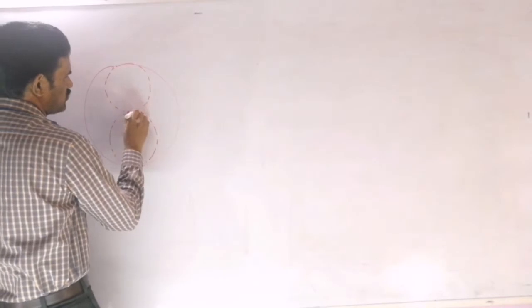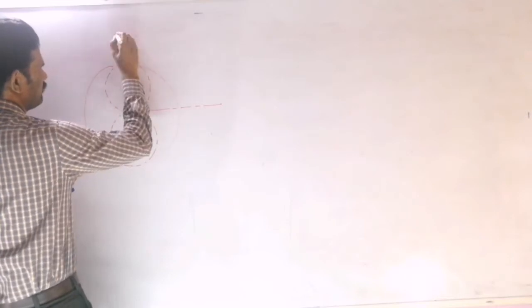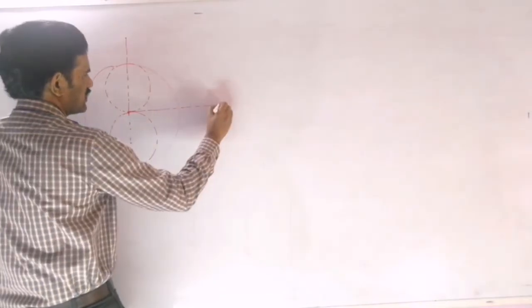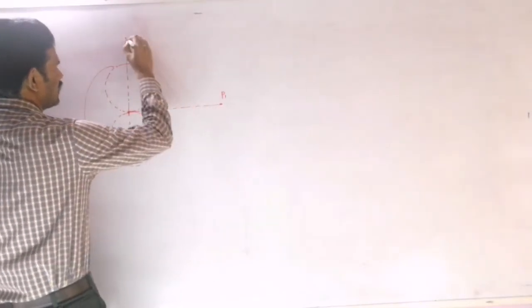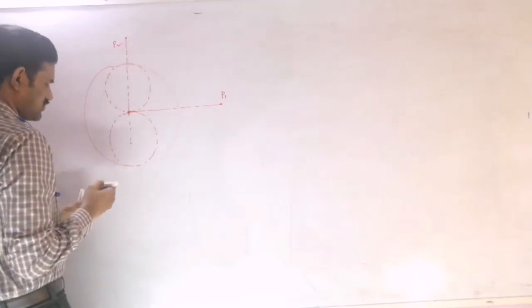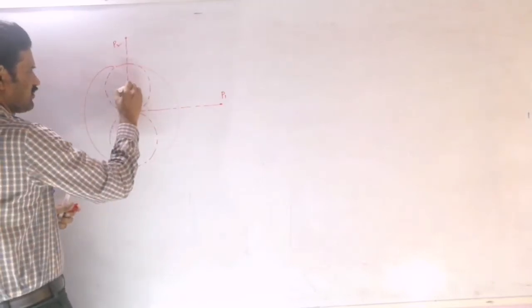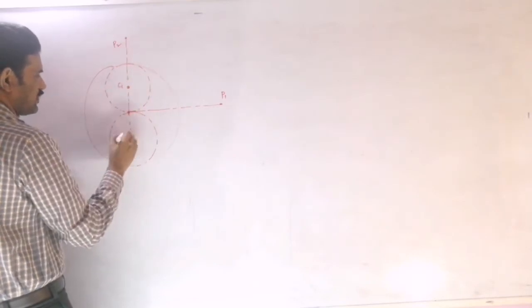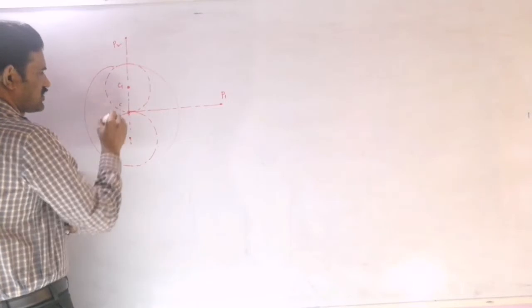Now this is one point I am taking here and another point like this. I am calling this P1 and this P2. This is cavity 1, with its center, say, C1, and this is C2, and this is C, the center of the original cylinder.